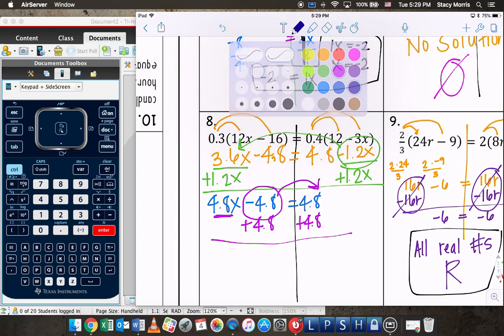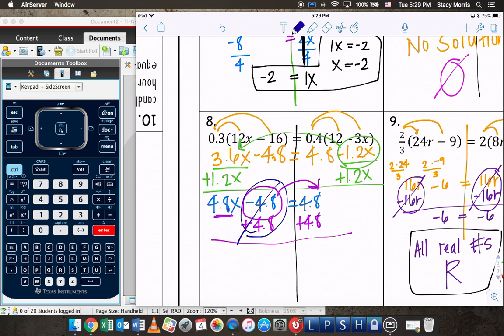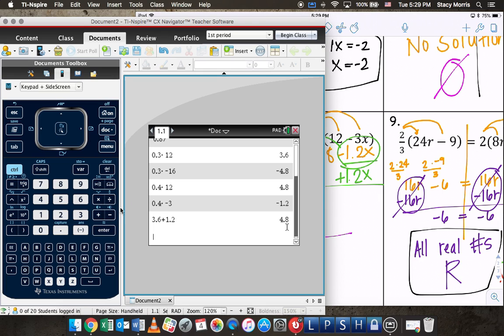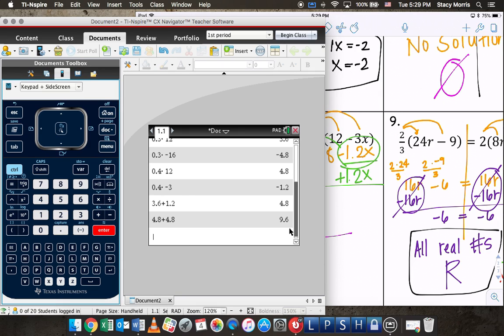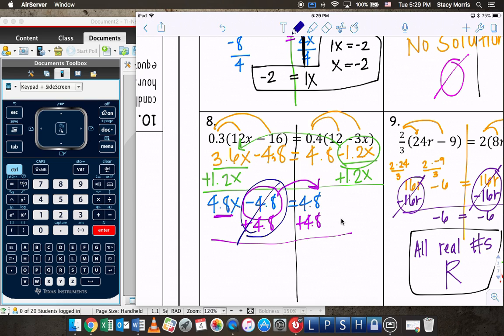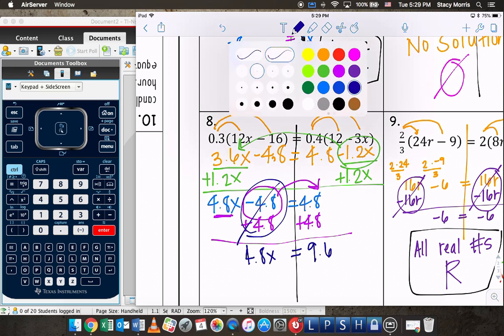So when I do that, negative 4.8 and positive 4.8 cancel. On my right side, I have 4.8 plus 4.8. So I'm going to do that. 4.8 plus 4.8 is going to be 9.6. So 9.6. On this side, I still have 4.8x. Last step is to get your variable by itself.